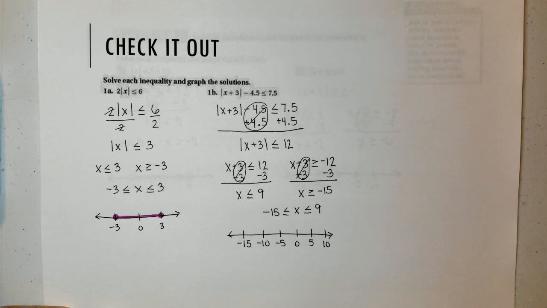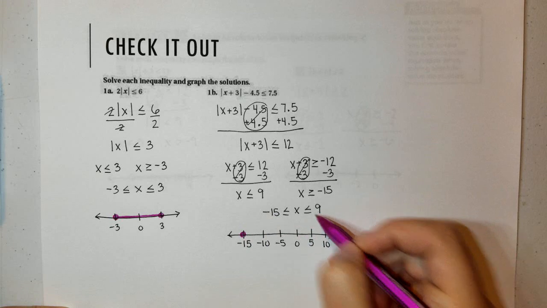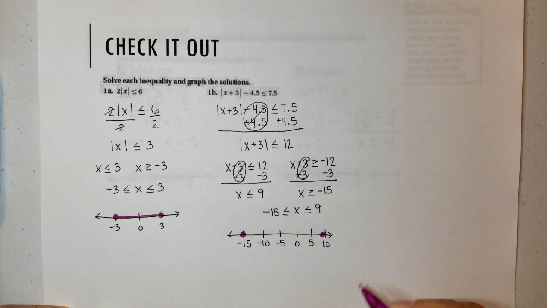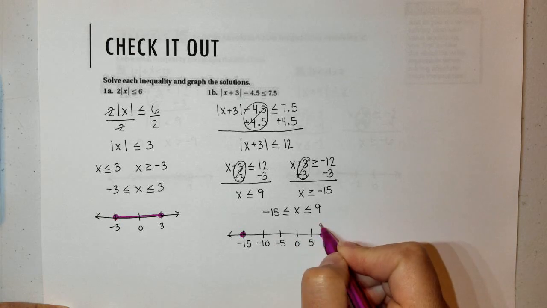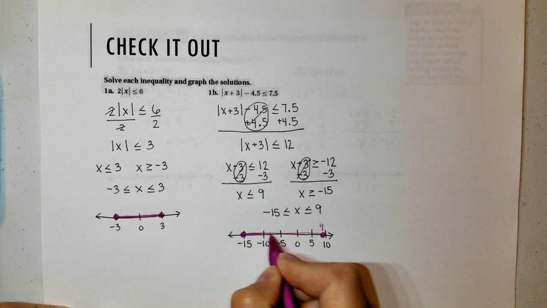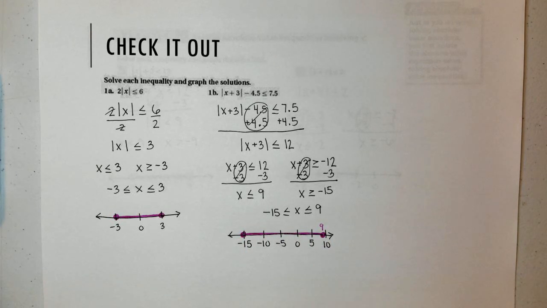Okay, so I'm going to have a closed dot on negative 15, closed dot on 9, which is about right here, and then I shade in between. So you can label that 9 so you know. So that was what your graph would look like for part B there.